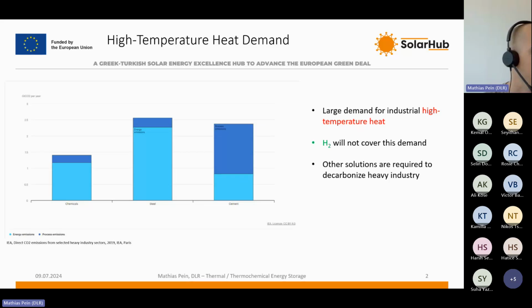So why are we even considering high temperature thermal energy with storage devices?